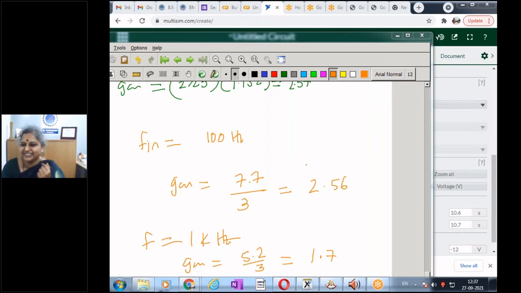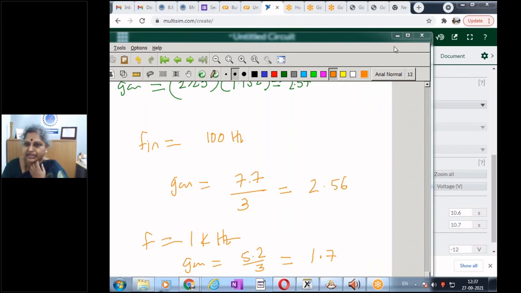Is 1.7 equal to my 2.5 into 0.707? My theoretical gain expected is 2.5. At cutoff, it's always 0.707 times the passband gain. Please tell me how much is 2.5 into 0.707.